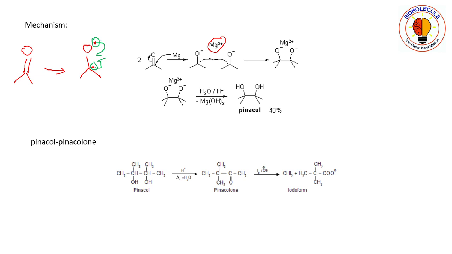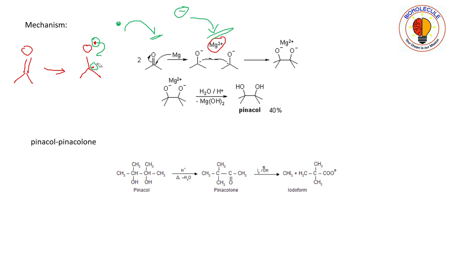Note, for the movement of these electrons we will use a half arrow, and for negative charges we will use a full arrow. This one is for negative charges and this one is for single electrons. Half arrow for single electrons and full arrow for negative charges.